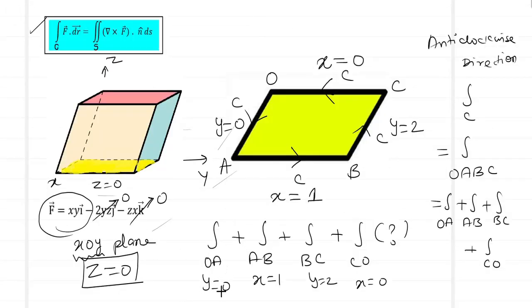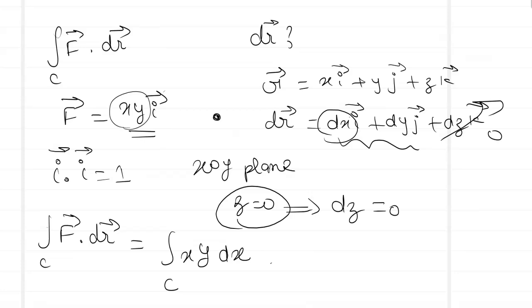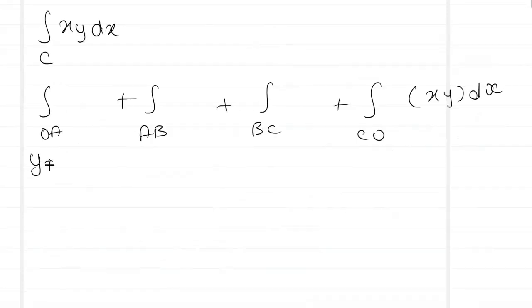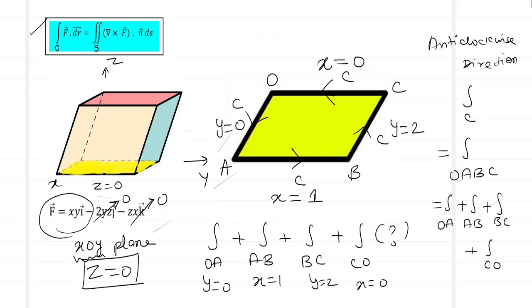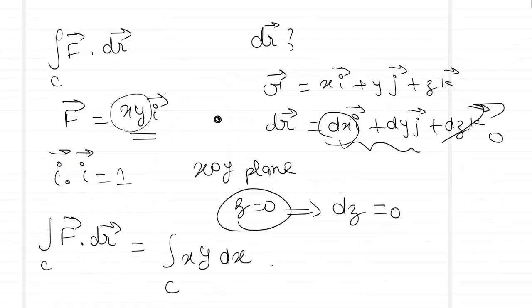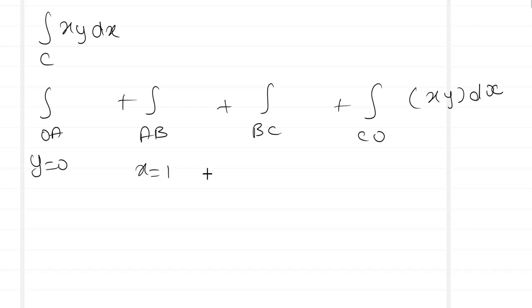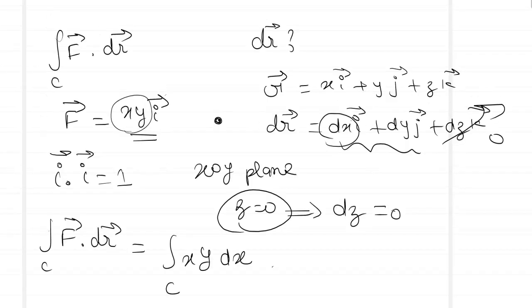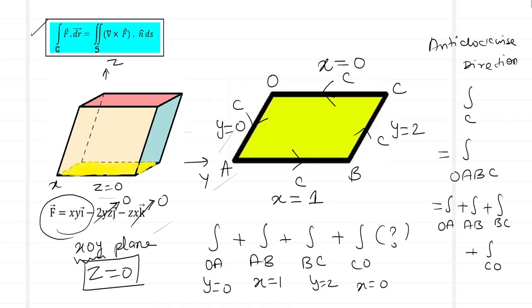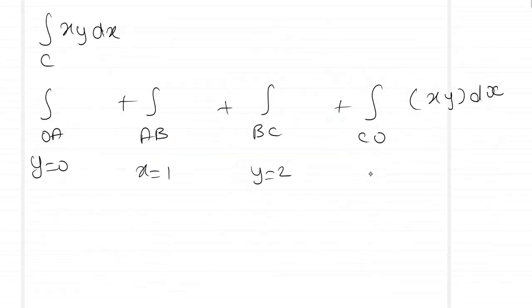What is the equation of OA? y equal to 0. What is the equation of AB? x equal to 1. The next one is y equal to 2. And the last one was x equal to 0. So these are the lines I am going to evaluate for.